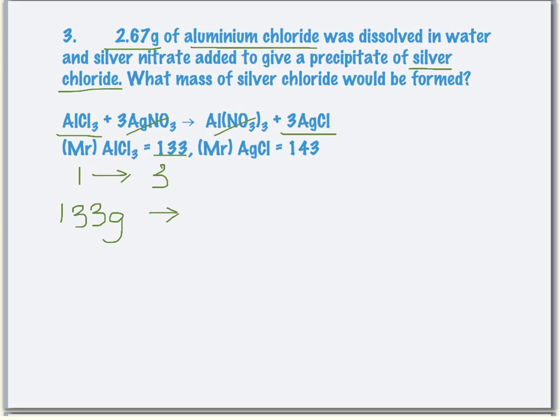Now that's going to make 3 moles of the silver chloride. So that will be 3 times 143, because there's the relative molecular mass of silver chloride. So that will be equal to 429.